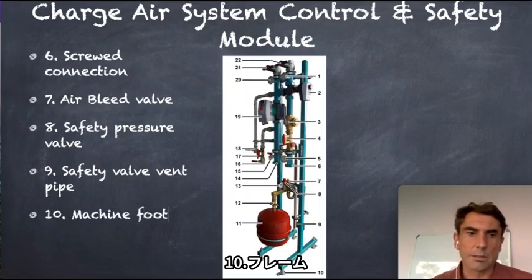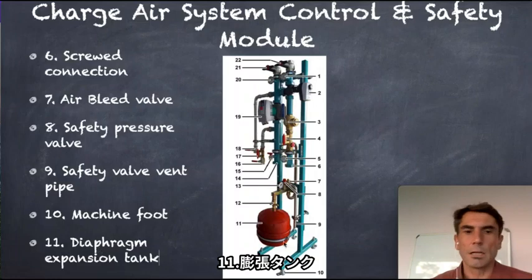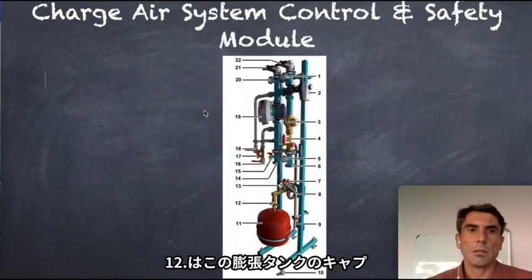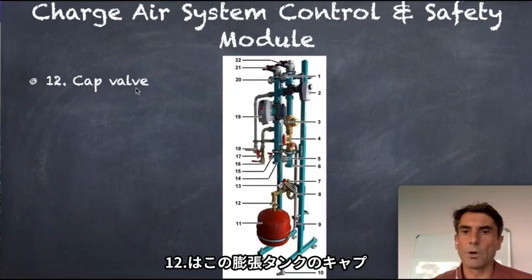Number 10, yeah, that's the frame, foot. Then number 11, the expansion tank. Number 12, here we have the cap valve of the expansion tank. I will go into that in the video later.